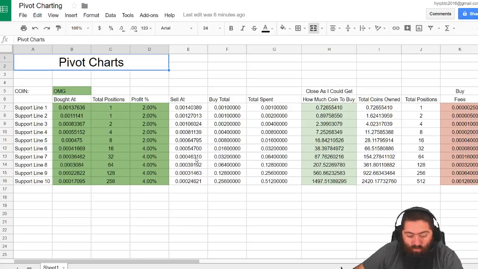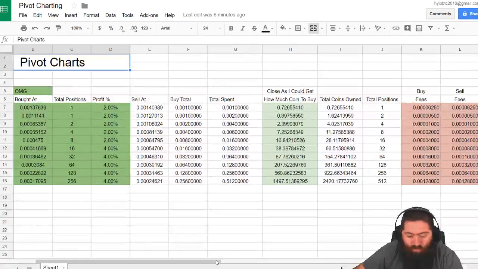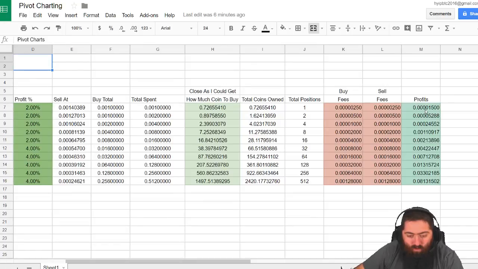I buy another position and wait, because when it hits my next sell price, I'll make 5200 Satoshis.